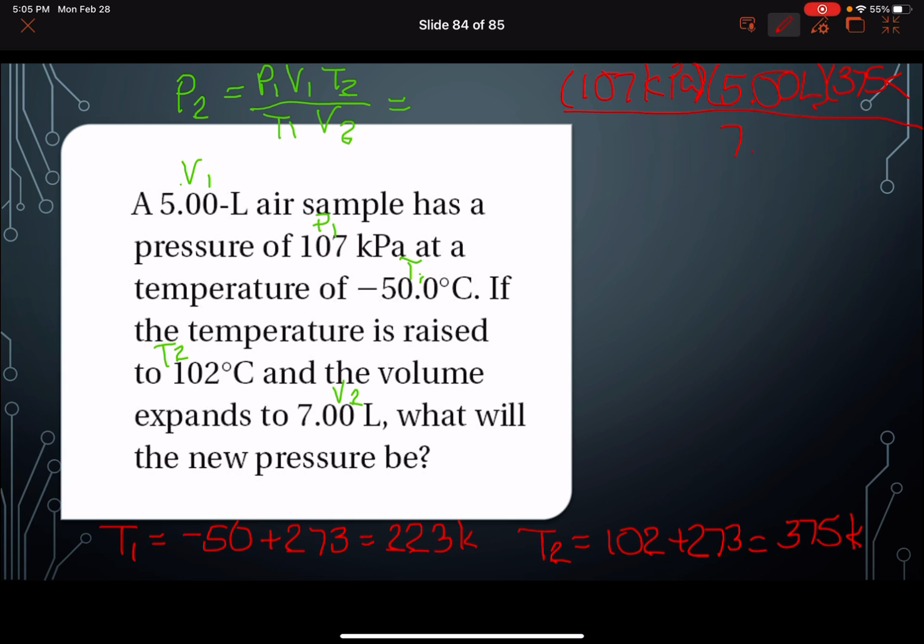I'm going to put the 7 liters right under the 5 liters, and 223 Kelvin. We can see that liters cancels out, Kelvin cancels out, leaving us with a unit of kilopascals, which is fabulous. That's what we want. It's 107 times 5 times 375. Hit equals, divided by parentheses, 7 times 223. Close your parentheses.